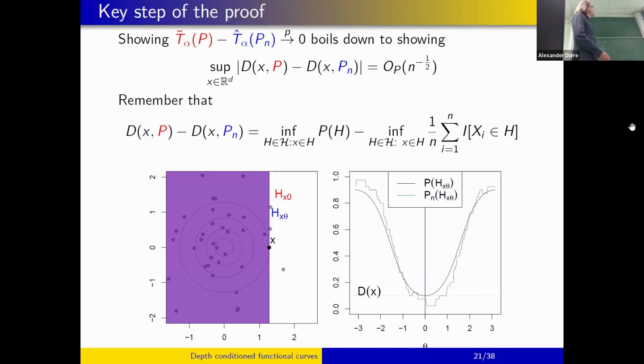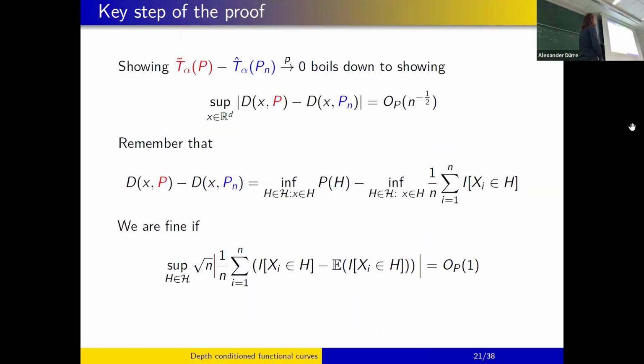And to do this, you apply empirical process theory, which looks at uniform convergence of transformations of the original random variables. What we want to show in our proof is that uniformly the difference between the estimated and the real data depth goes to 0 like 1 over square root of n.